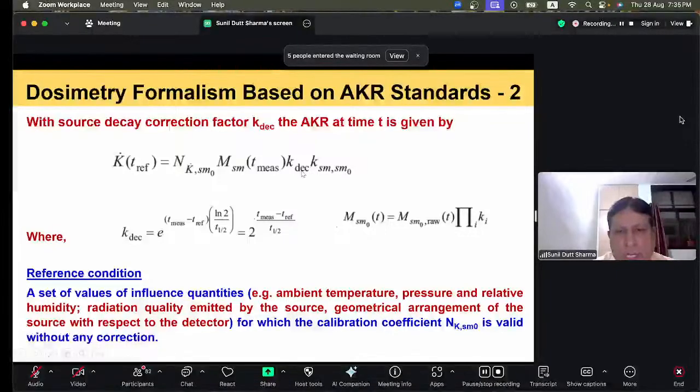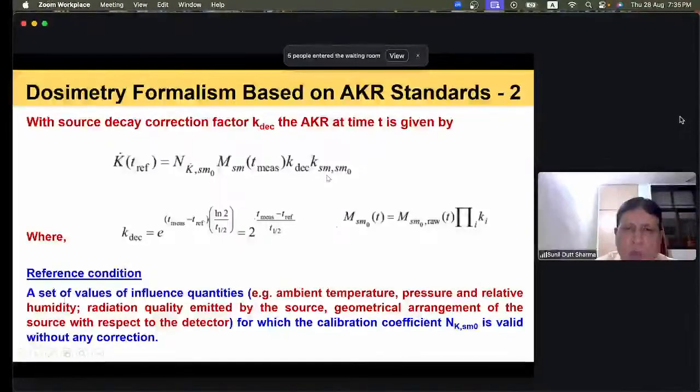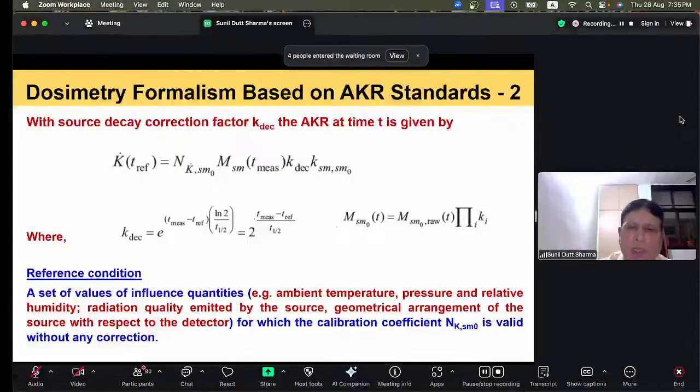Then the source decay correction factor and source model correction factors are required for calculating this source strength. This source decay correction factor is nothing but a standard relation. We know that activity at time t will be equal to activity at zero time or reference time multiplied by exponential minus lambda t. So the same expression is used here also.